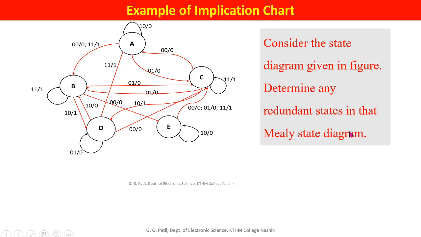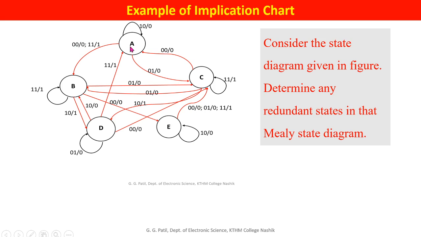If we observe the state diagram of a sequential state machine, the states present in the machine are A, B, C, D and E. So total 5 states are there, and in the machine there are two inputs.